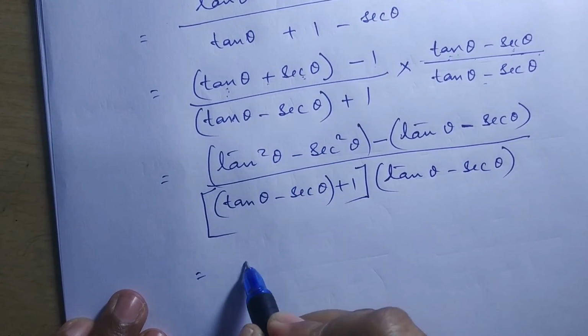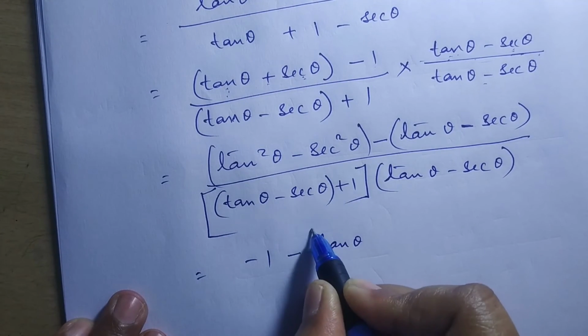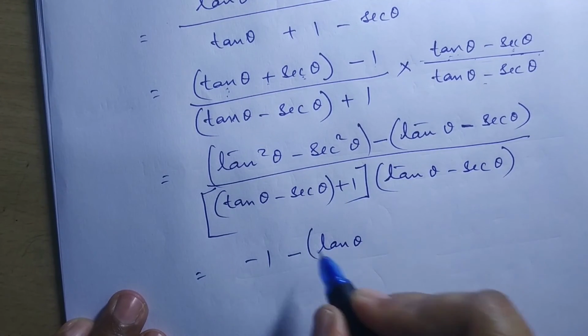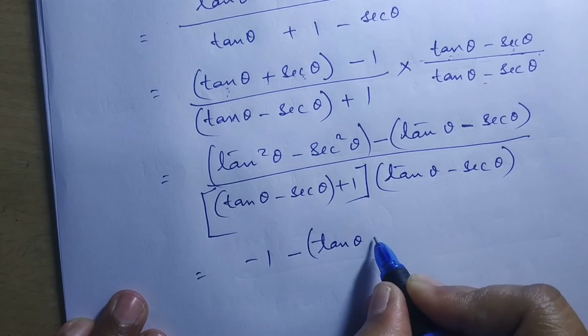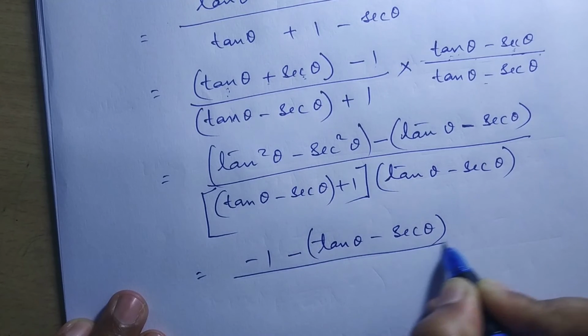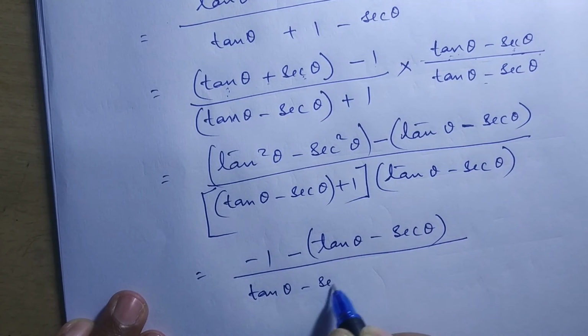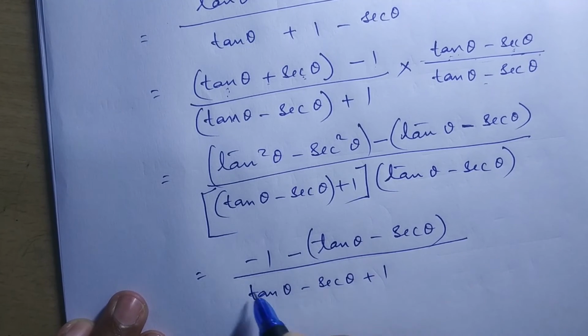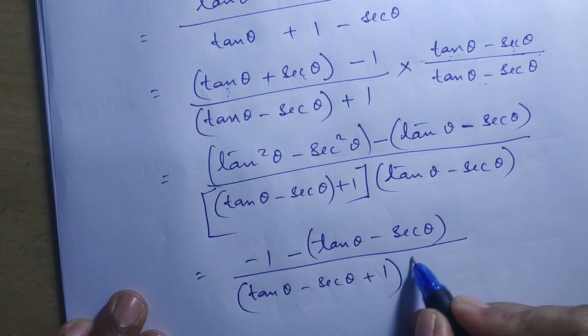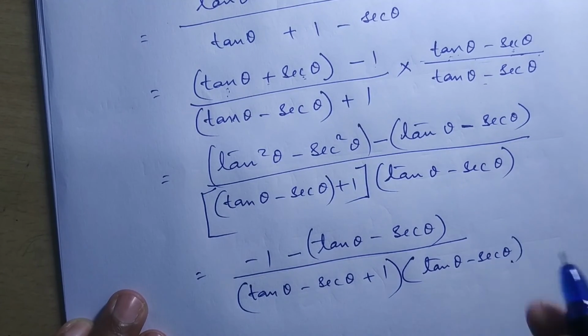It will be minus 1 minus of tan theta minus sec theta, divided by tan theta minus sec theta plus 1, whole bracket, tan theta minus sec theta.